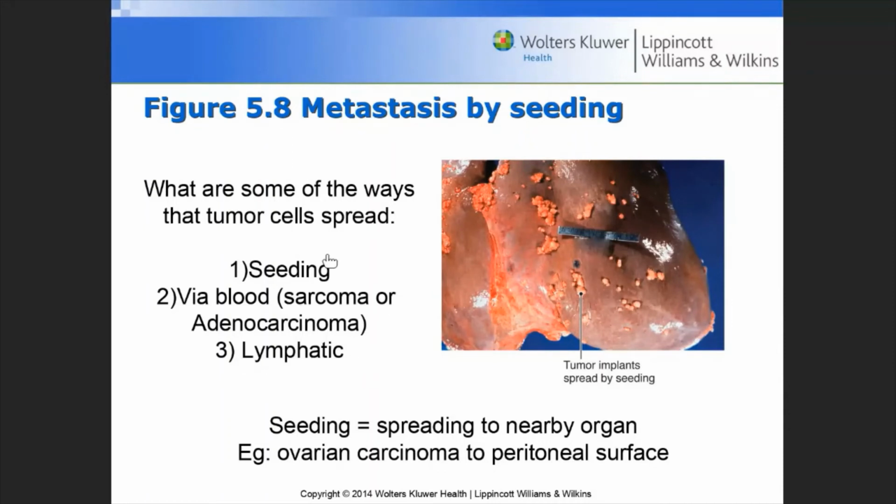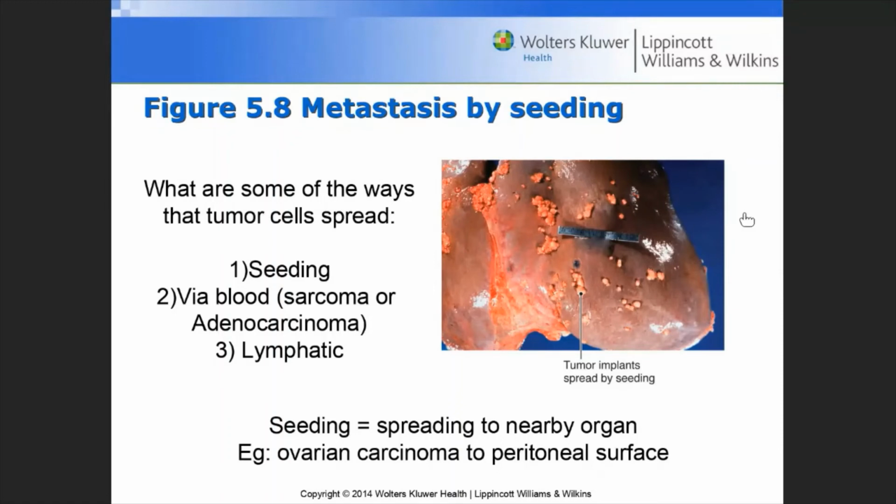If it's sarcoma, like osteosarcoma, then they travel via the blood. So sarcoma is of mesenchymal, mesodermal origin, as opposed to carcinoma, which is more epithelial. Breast, for example, is epithelial, and they spread via lymphatic. They do some to the blood, but mainly through the lymphatic.